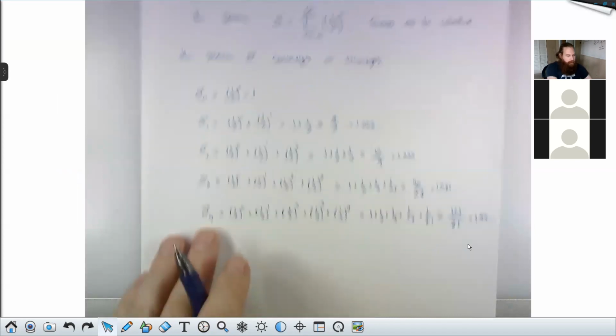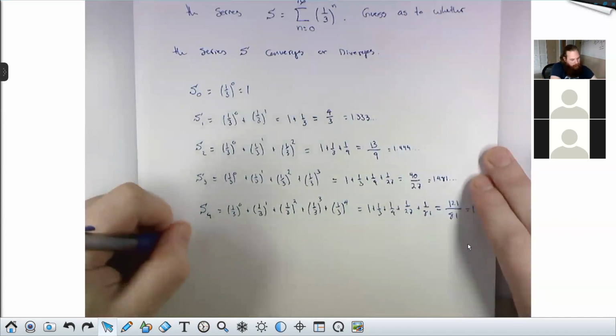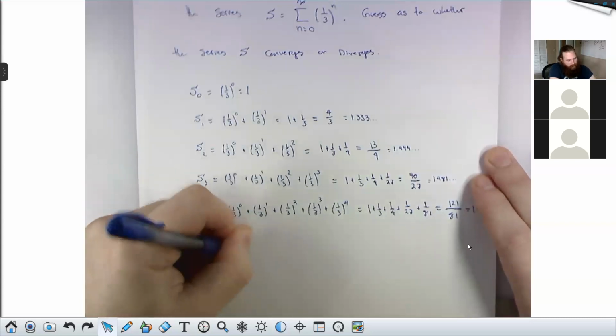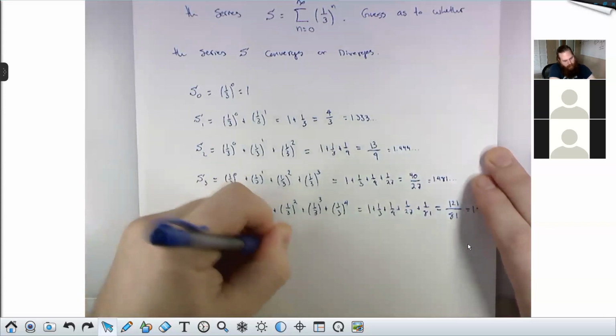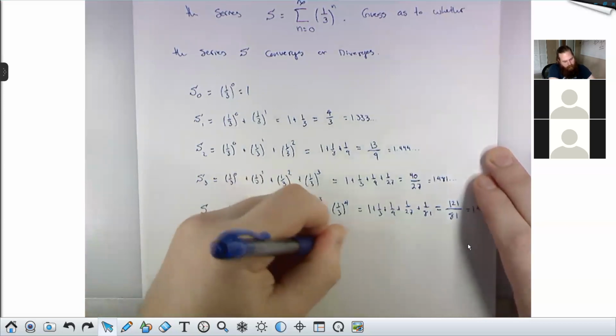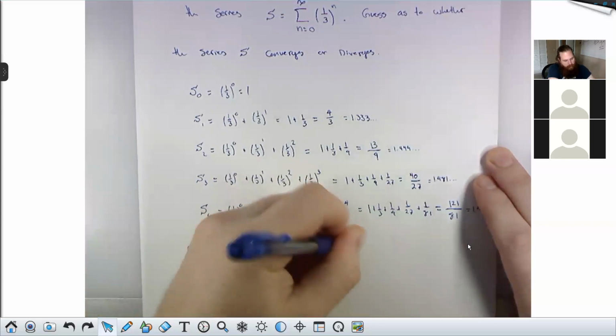Do the S's appear to be getting closer and closer to something? Can we guess at the limit as capital N goes to infinity of S capital N?